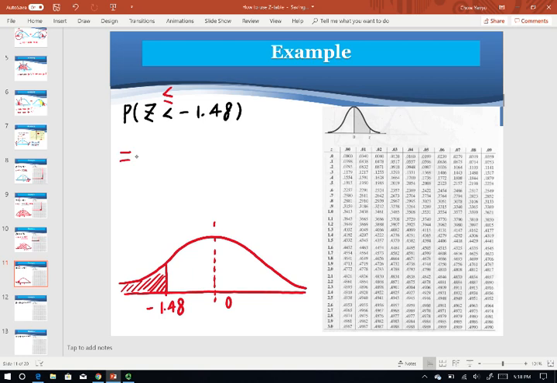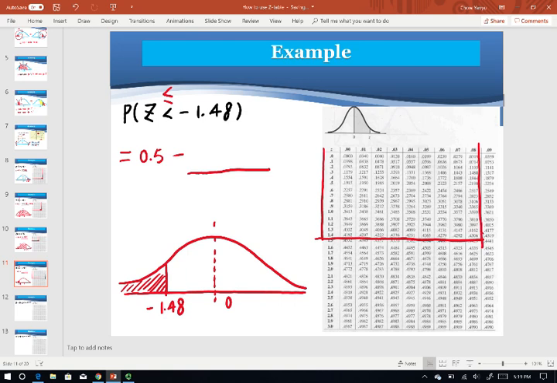If you look at the picture, it should be 0.5 minus the table value according to 1.48. So 1.4, and the second decimal is 8.